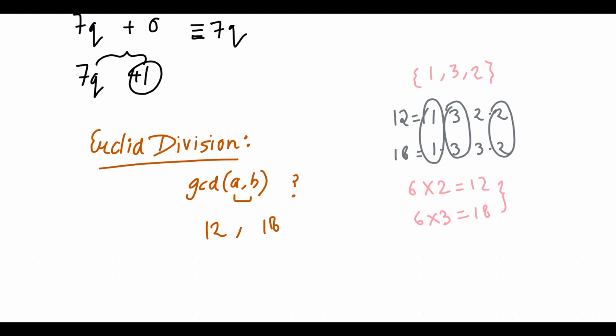We have common divisors 1, 2, 3, and 6 for 12 and 18. GCD is the greatest among these common divisors, so it's 6 here, right?